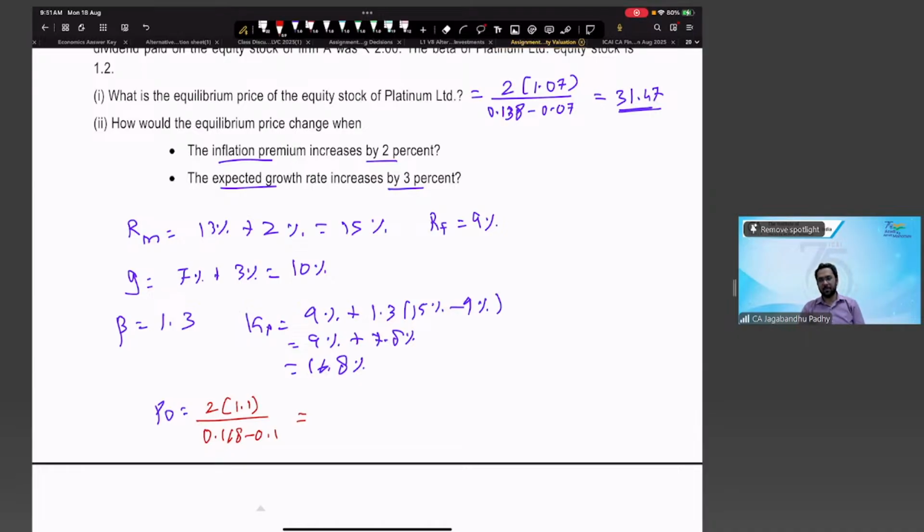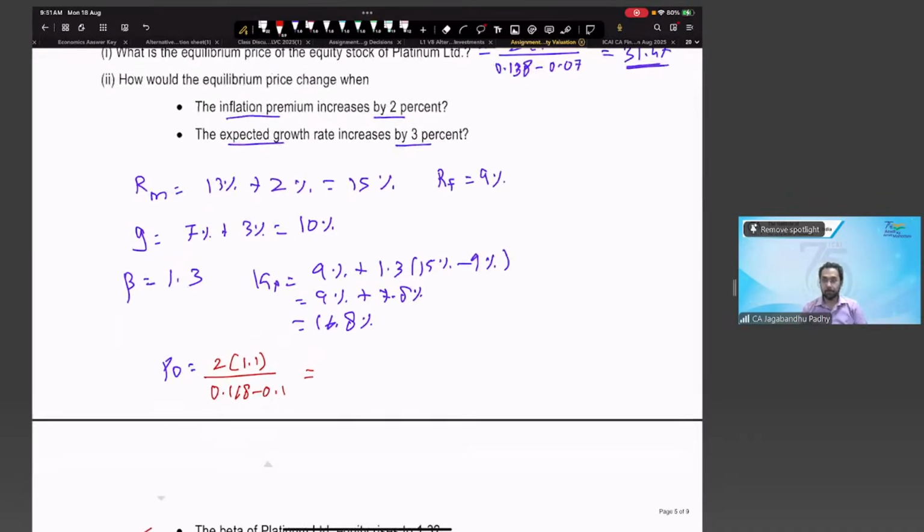So how much is the price? 37.93. Right, so that's the price, 37.93.